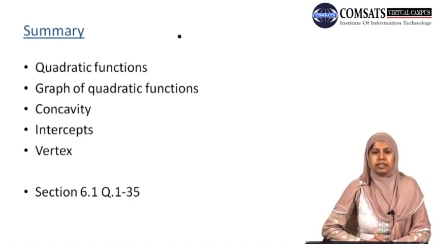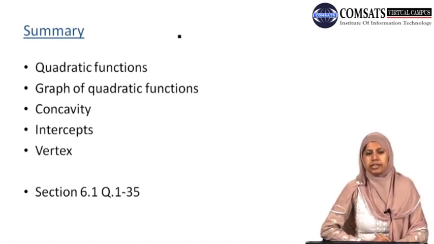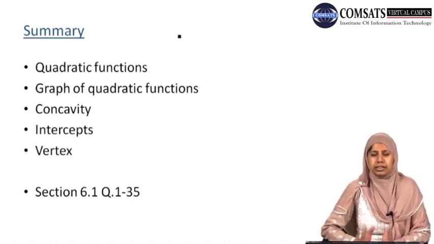From the case of x-intercept, we have three possibilities. Either there is no x-intercept, that is the graph does not intersect the x-axis. One intercept, the graph intersects the x-axis only at one point. Or two x-intercepts, that is the graph intersects the x-axis at two points. And how we can find these intercepts?